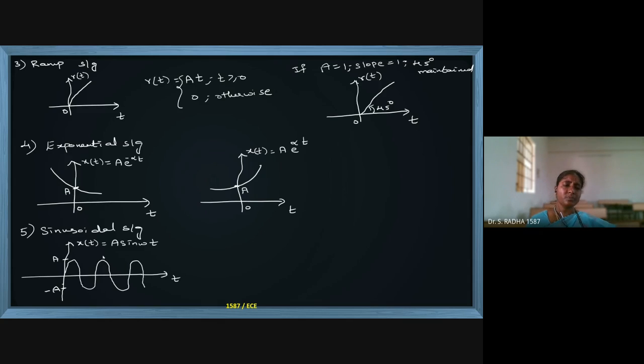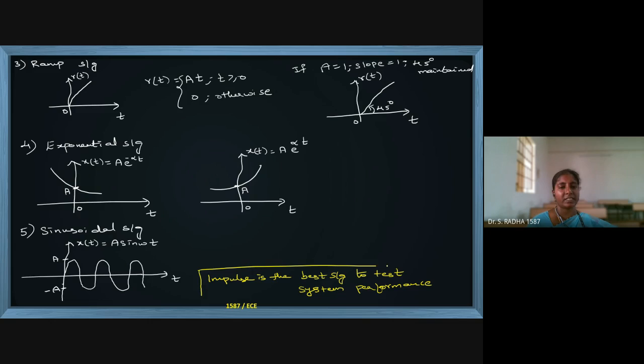Out of all these five signals we have discussed, the best signal to test the system performance is the impulse signal. The reason is that the Laplace or Fourier transform value of the impulse signal is 1.